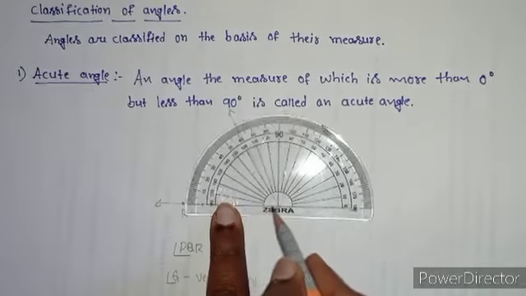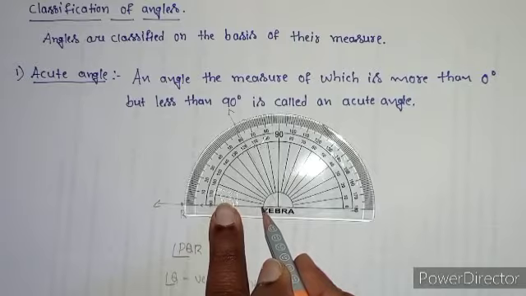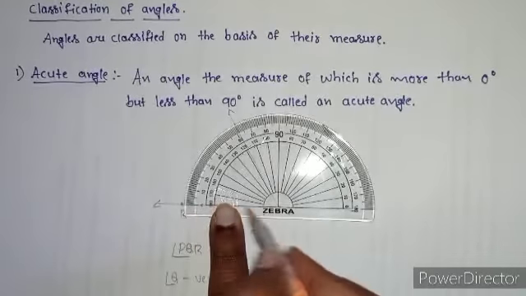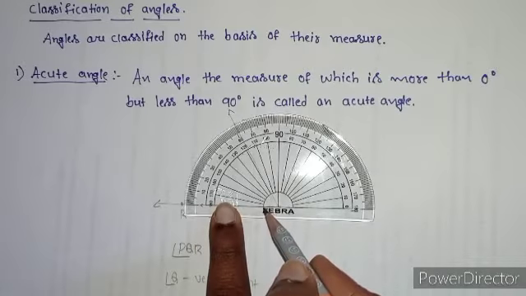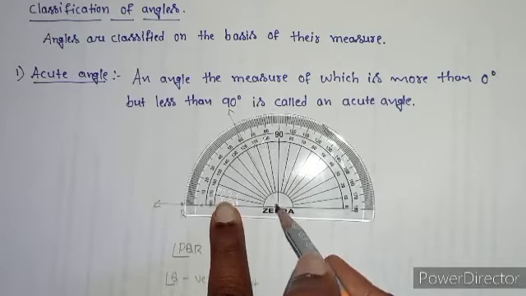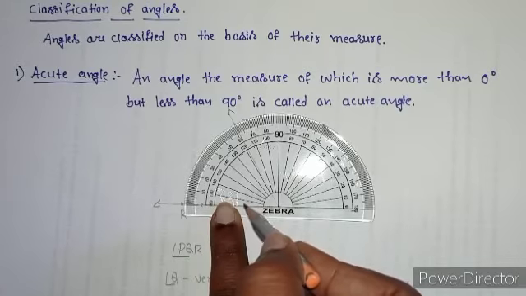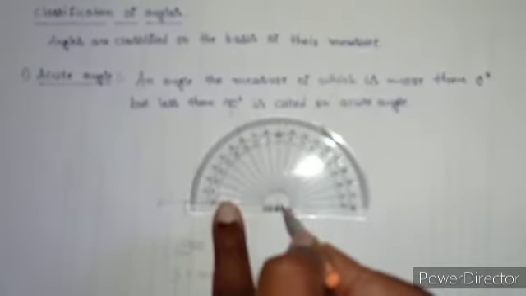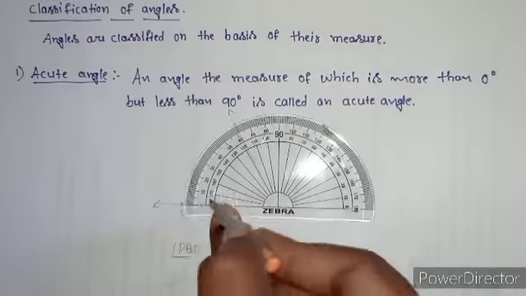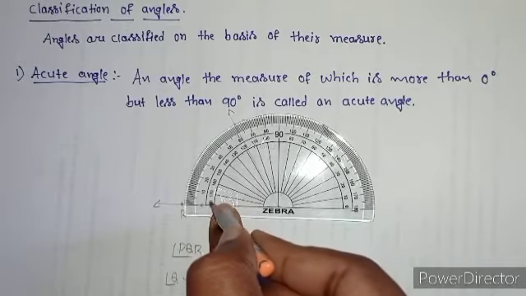This is the base line. Then we need to check the scale where the base arm points to 0 degree. Here this is 0 degree, right? So the base line arm points to 0 degree here.